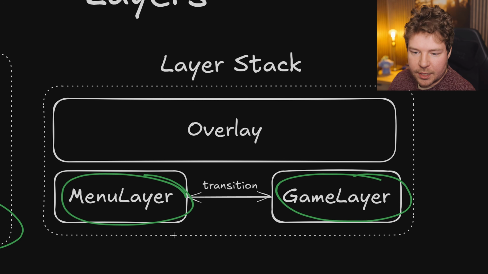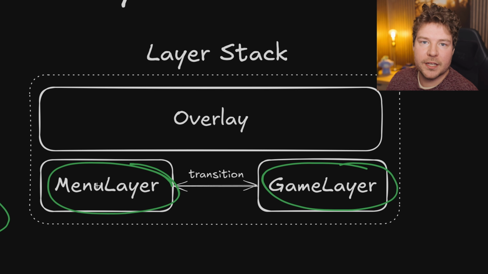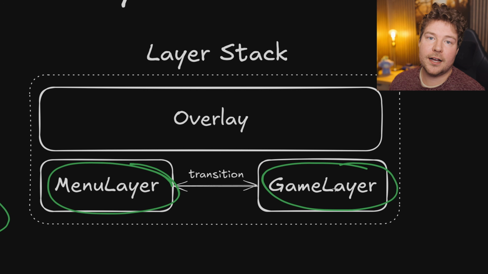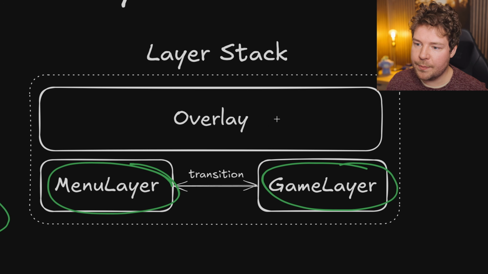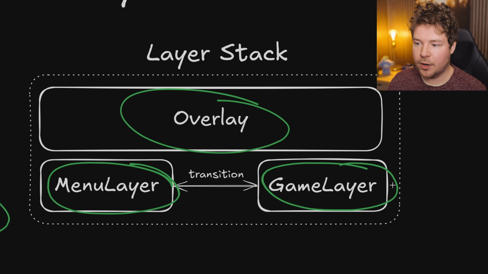The initial example that I gave just had one layer being used at a time. So we had the menu layer, then we hit the play button, it would transition to the game layer. We've just got one layer active at once. But because it is a stack, you can have as many layers as you want simultaneously active. So for example, we might have this overlay sitting on top of all of the other layers in our entire application.